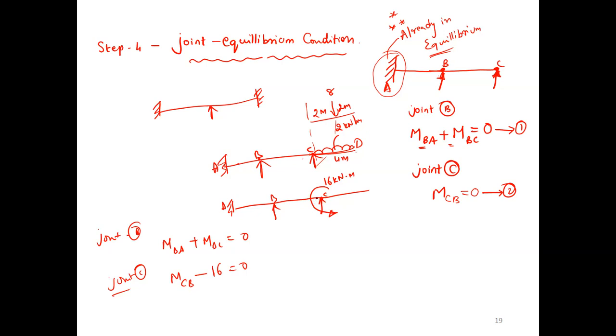The overhang portion is not considered in the slope deflection equation. We consider it in the joint equilibrium equations. In case of an overhang, we consider the overhang contribution in joint equilibrium conditions, not in the slope deflection equation.